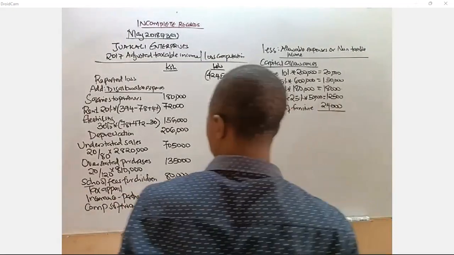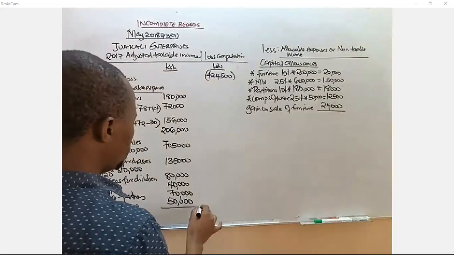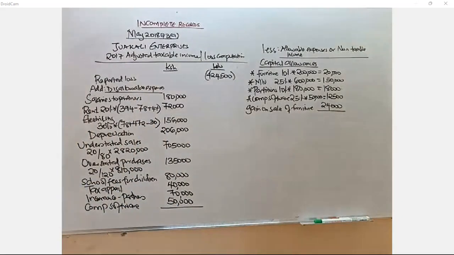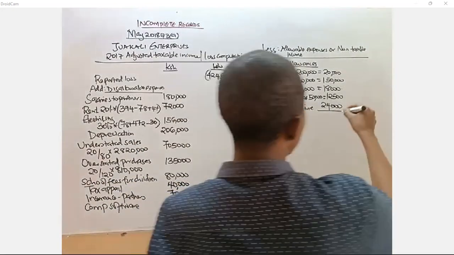So how much are your deductions? How much is my deduction there? When I look at it, we have 20 plus 150 plus 18 plus 12.5 plus 24. We have 224,500.